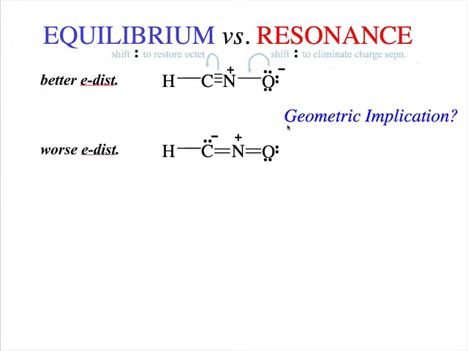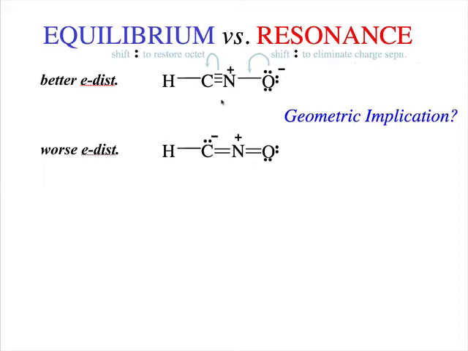But I've also done something a little bit sneaky with the bond lengths. Did you catch that? If you look at the bond lengths here, the single bonds are very long, the triple bond is very short, and the double bonds are somewhere in between the length of the single bond and the triple bond. That is factually true.